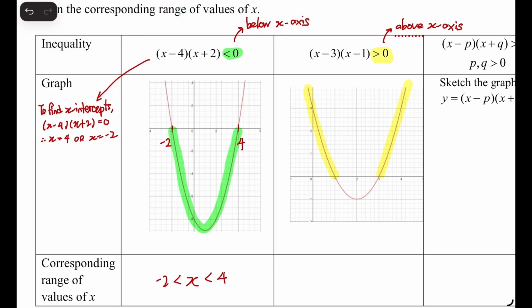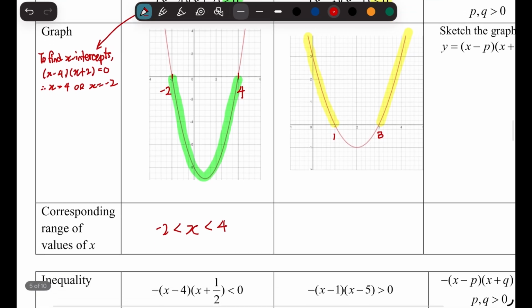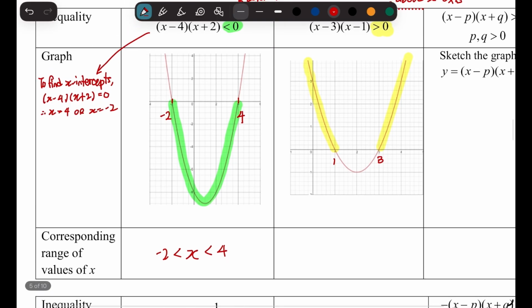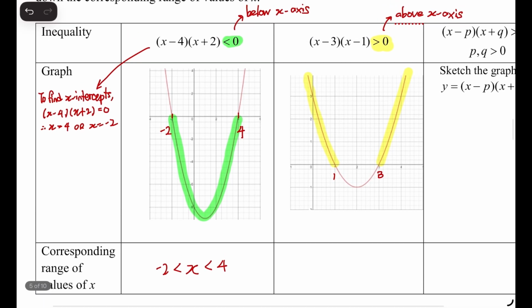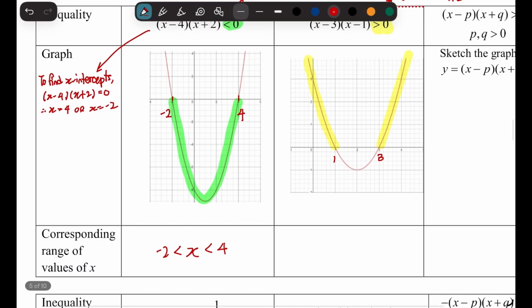And to find the x-intercepts here, you can simply equate this equation equals 0. You'll get x equals 1 or x equals 3. Okay, so therefore, very simply, the corresponding range of values of x that satisfy this inequality over here is when x must be less than 1 or x must be more than 3.